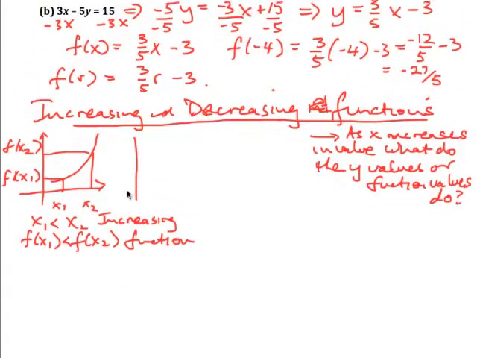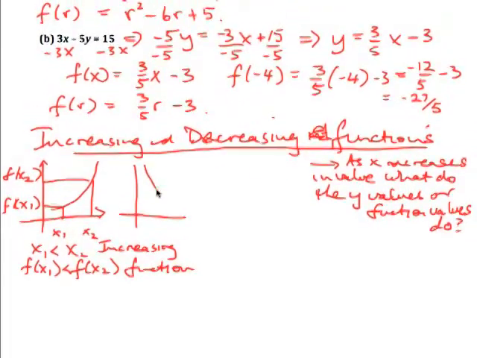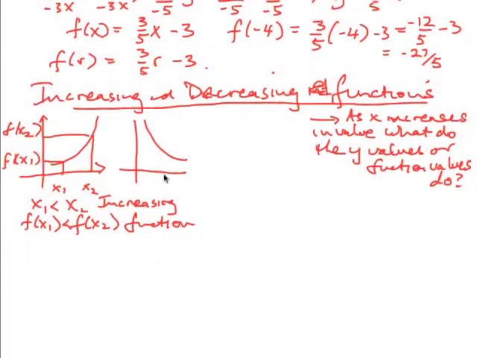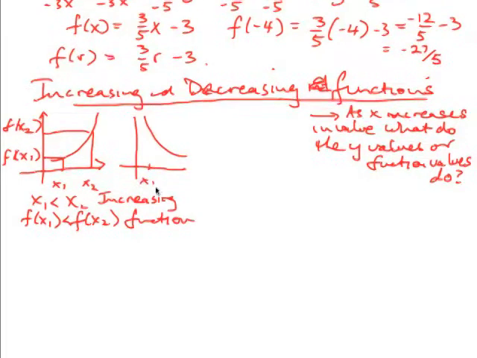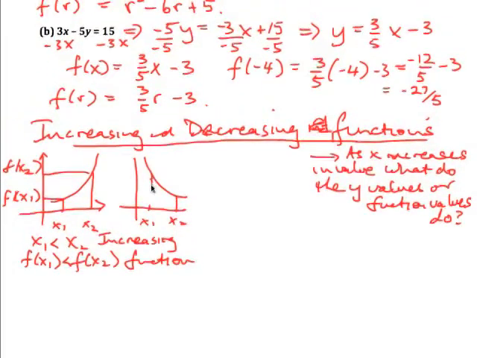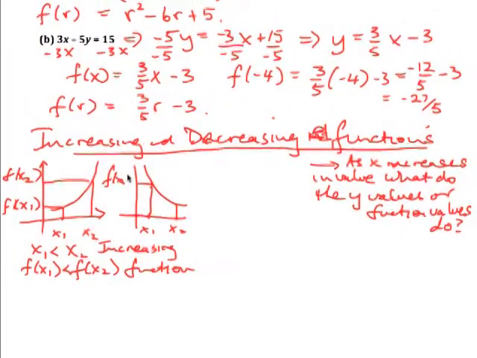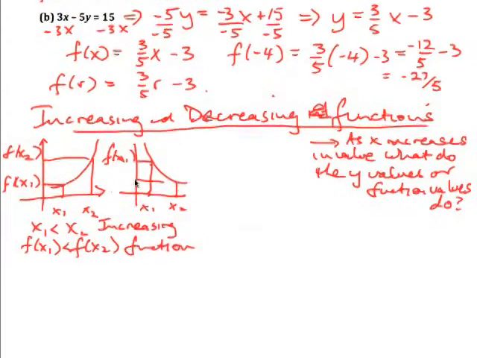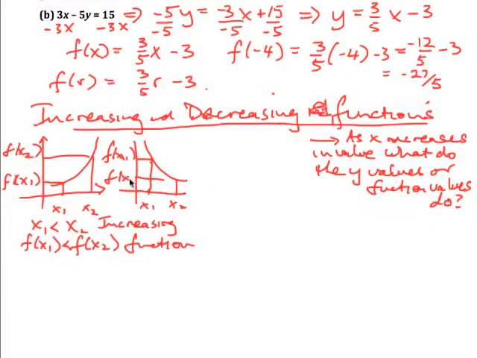Now if I have this scenario where it's going down to the right, again I can have my x1 here and my x2 here. Then this would be f of x1 and this would be f of x2.